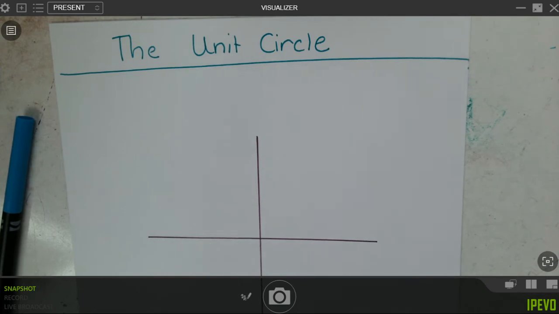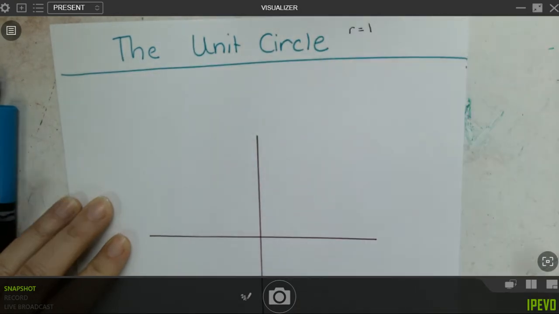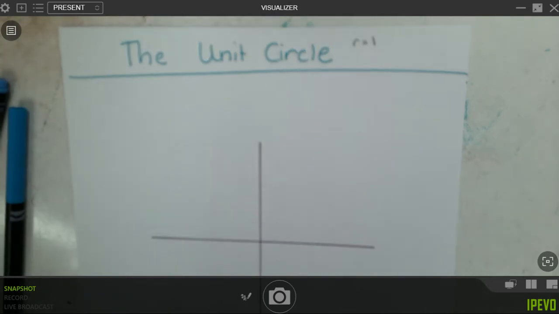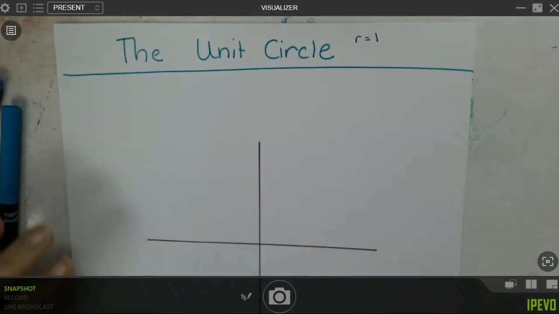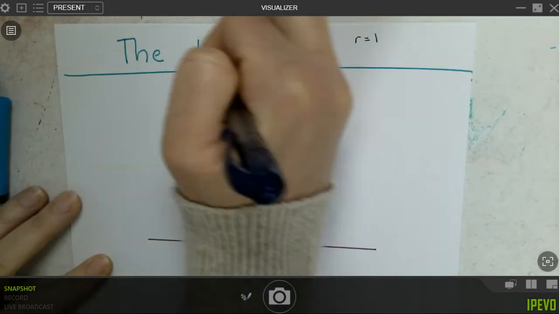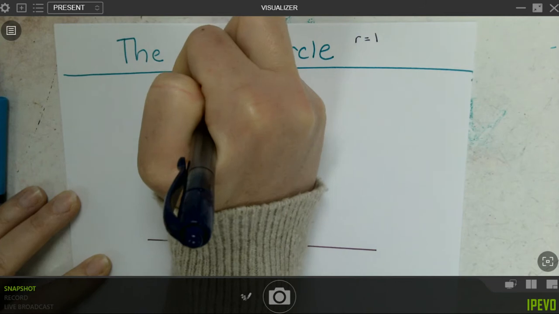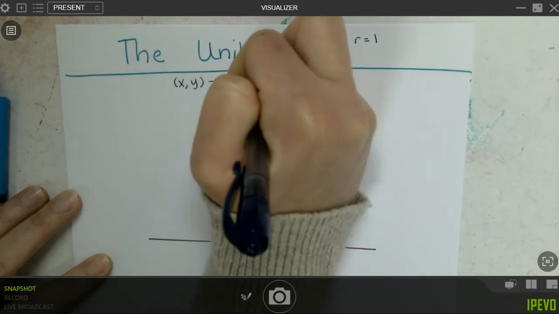A couple of little side notes to remember. In the unit circle, the radius is equal to 1. So all circles are similar to this one. You may also want to remember that the coordinates x, y are the same as cosine of the angle and sine of the angle.